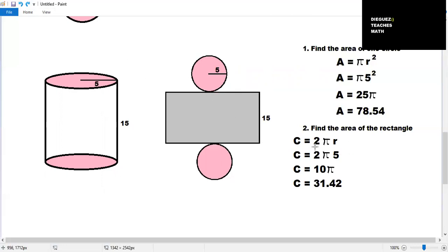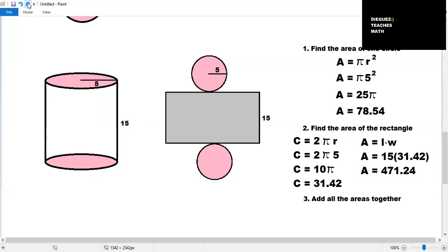So I need to figure out the circumference, and the circumference is 2 pi r, 2 times pi times the radius. 2 times 5 is 10. 10 pi is 31.42. So that's not my answer. My answer is the area of the rectangle. So length times width: 15 times 31.42 gives me 471.24.